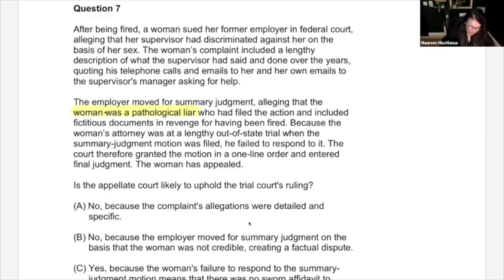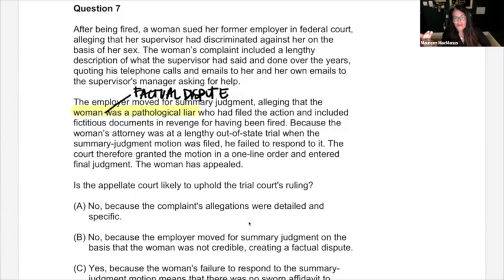This means that there is a credibility issue, so there is a factual dispute, which, if you know your standard for an MSJ, the court will grant a motion for summary judgment when there is no genuine dispute of material fact such that the moving party is entitled to judgment as a matter of law. We can't do that here because they created a factual dispute.